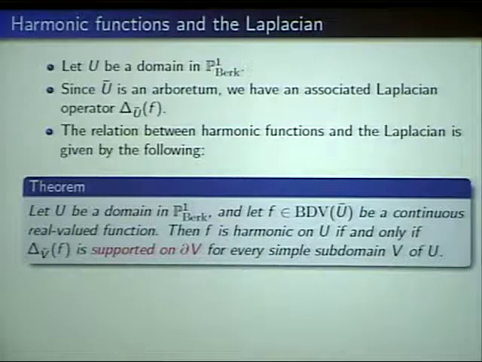So the idea is that the Laplacian is always a measure supported on the closure of the domain, and you'll be harmonic on U if there's no mass on the interior. All the mass gets pushed out to the boundary. So this tells us that we have a good notion of a Laplacian and a good notion of harmonic functions because these things are compatible.